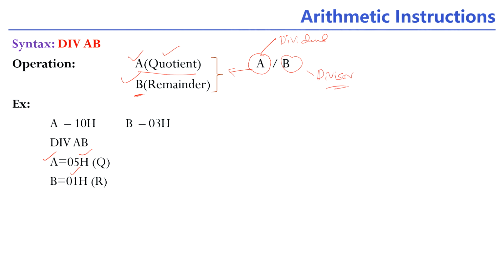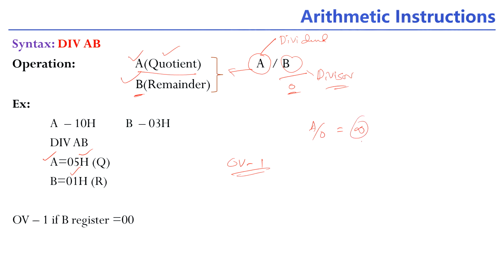And suppose when you are trying to divide by 0, that is, the divisor is equal to 0. In that case, it is indicated by setting the overflow flag bit equal to 1. Why? Because when you divide any number by 0, A by 0 is equal to infinite.